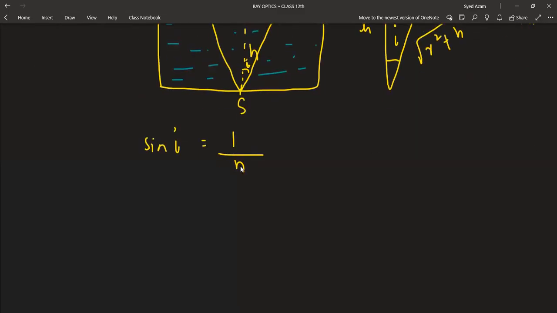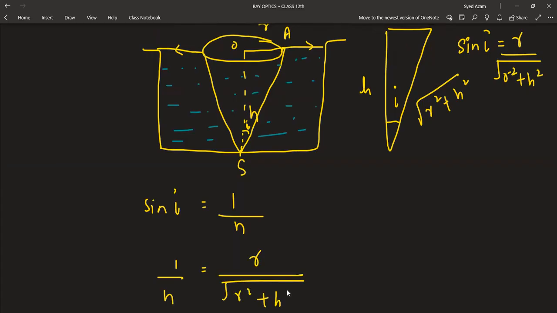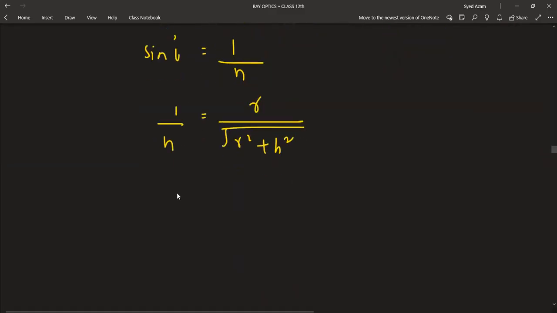Now, sine I is also this, and we have used trigonometry to find the value of this sine I. So this is sine I, this is sine I. We can equate both of these. So we can write 1 by n is equal to r by under root r square plus h square. Now, let me square it because this root is there.